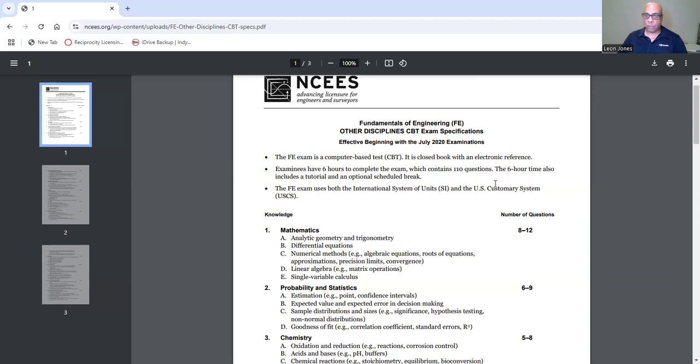But bottom line is, this is a fundamentals examination. And when you pass it, don't throw your information away, because you can use it to study for your PE exam as well. Now, also, it doesn't matter what exam you take. Let me give you an example.